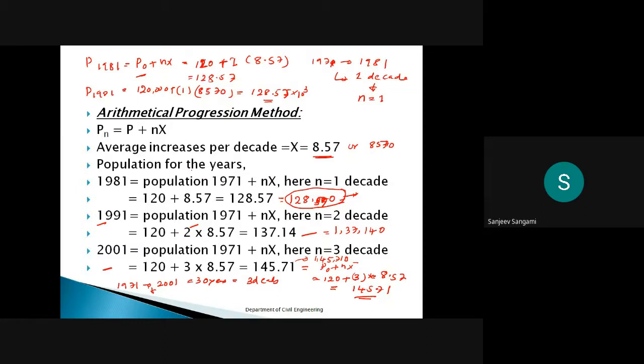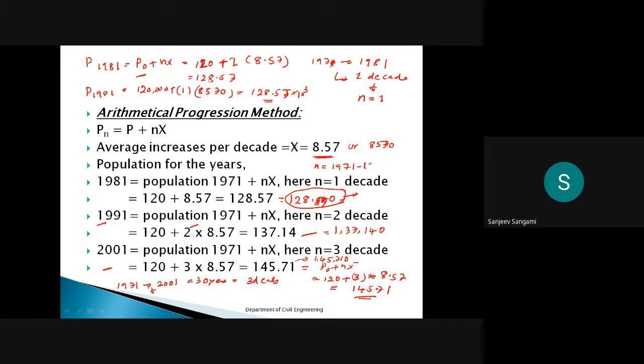He has asked us to calculate 1981, 1991, 2001. So n will be the number of decades from the last known population to 1981.